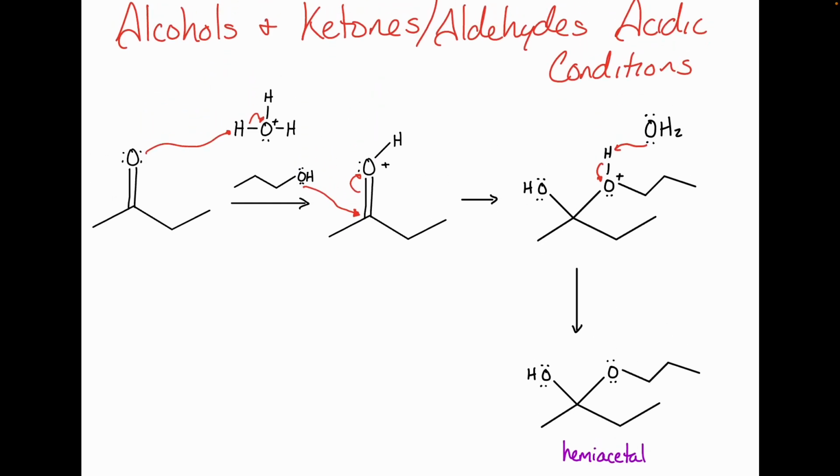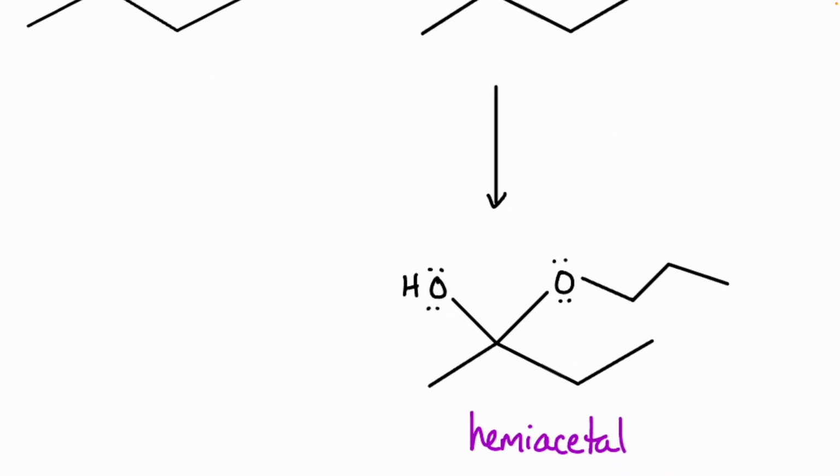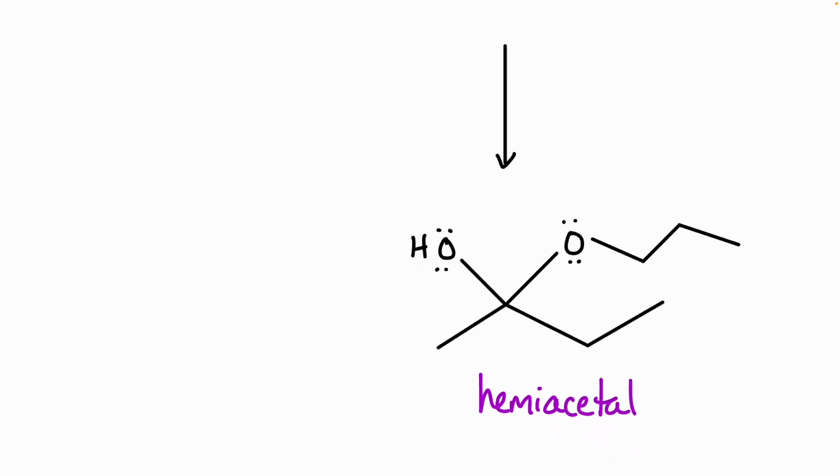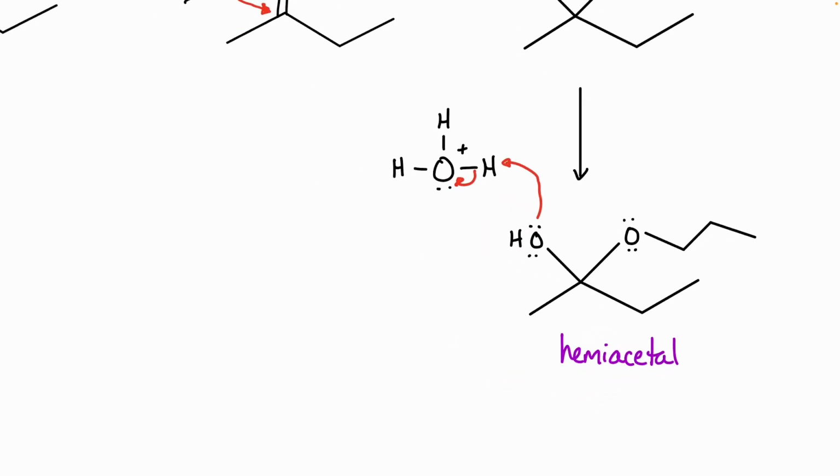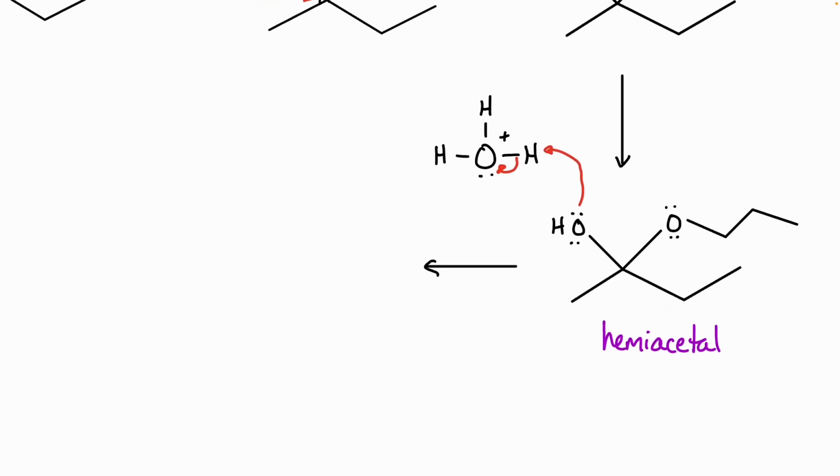Under acidic conditions, how are we going to kick off this OH group? We're going to protonate it. Yep. So we're going to make it into a better leaving group by protonating it. So we'll have another hydronium molecule coming along, donating a proton to that hydroxyl group. And that just serves that purpose of turning it into a really good leaving group.